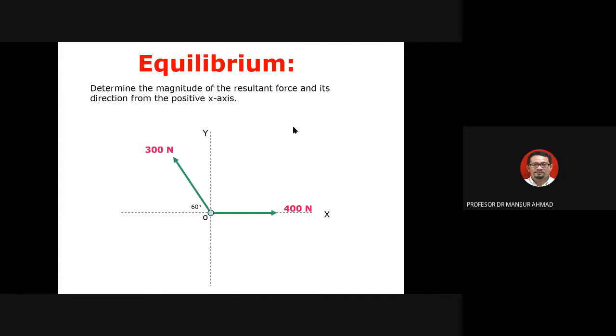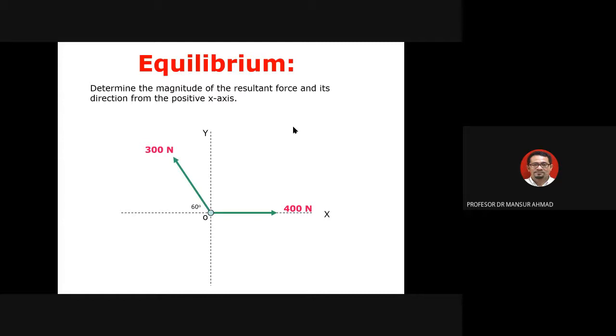Sebelum you jumlahkan daya pada mana-mana arah, kena pecahkan dulu pada paksi-paksi tertentu. So this is what I'm going to do before I sum the forces up.